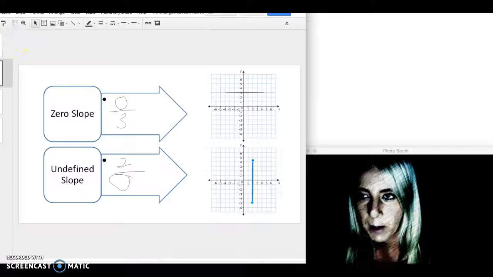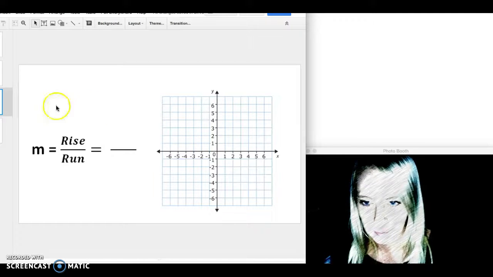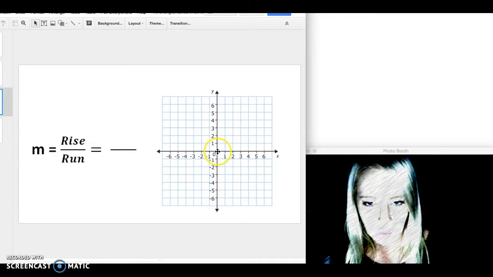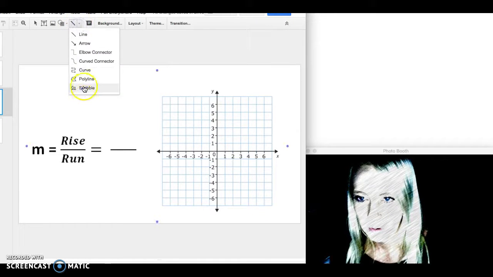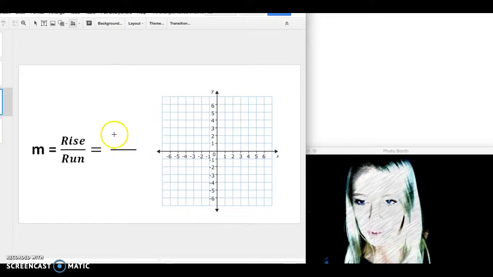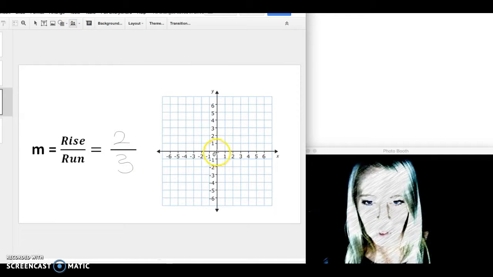Now I want you to go back to your graphic organizer, and we're going to do another example. In this case, we're going to start at the origin to graph our lines. So let's do an example of a slope of 2/3. Okay, I'm going to start at my origin.